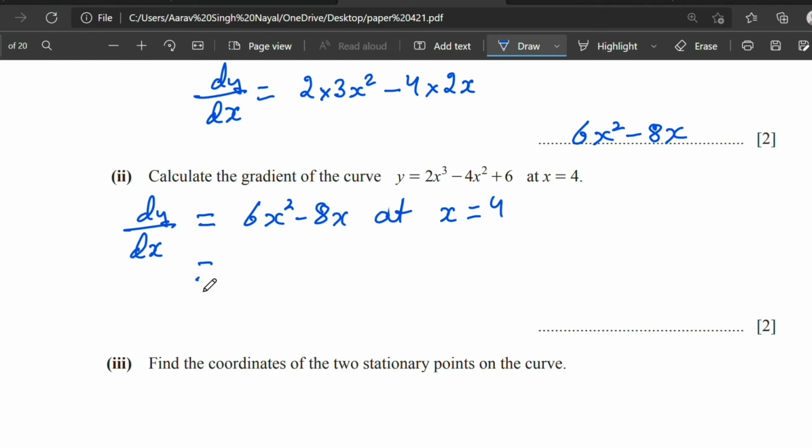So now substituting, 6 into 4 square minus 8 into 4. So solving it, you get 64. So dy by dx is 64.